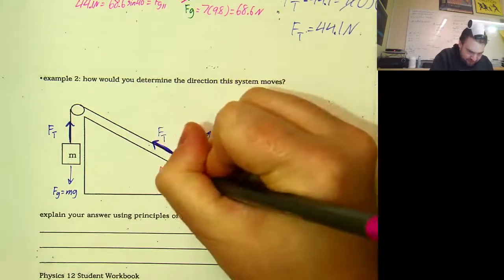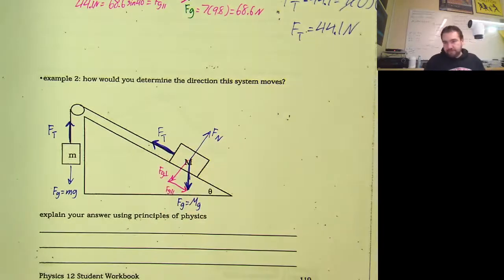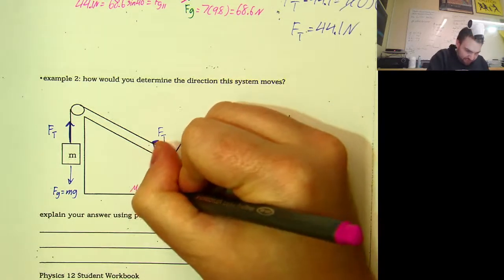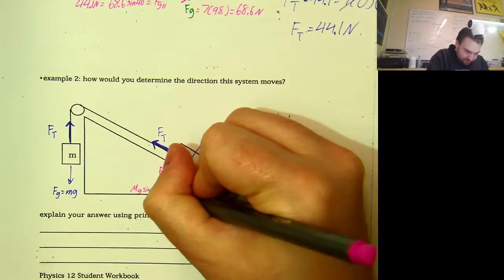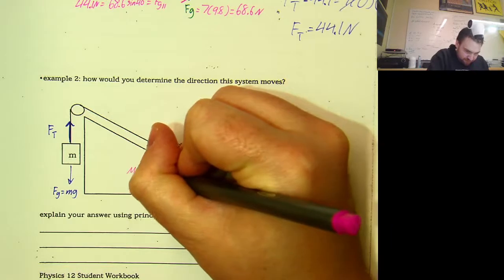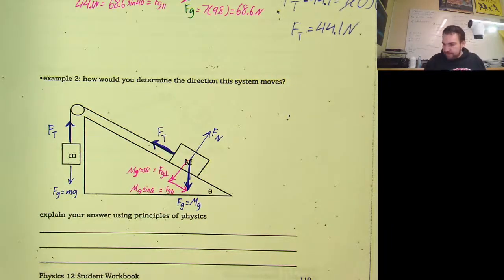This is Fg perpendicular. This is Fg parallel. This is going to be equal to big M little g sine theta. This is going to be big M little g cos theta. And so we can see at this point we've drawn everything we can.